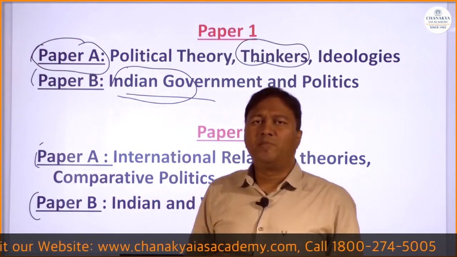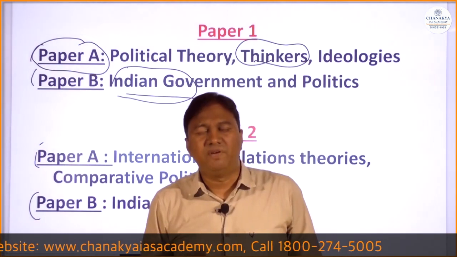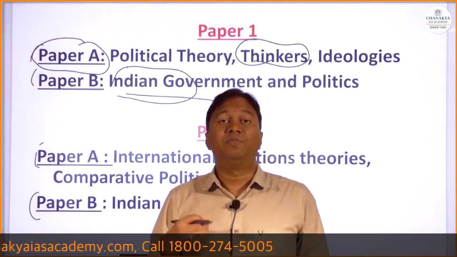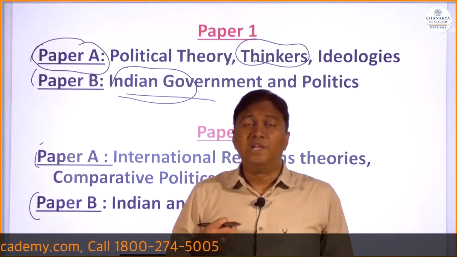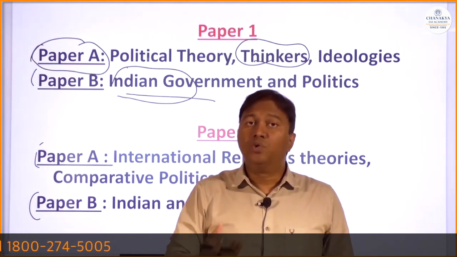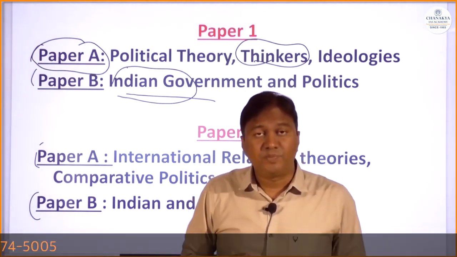So in this Indian government and politics, we have to study different things. We have to study Indian nationalism. Different people have different perspectives on Indian nationalism: the liberal perspective, socialist perspective, Marxist perspective, and the new one, subaltern, or we can say the Dalit perspective.